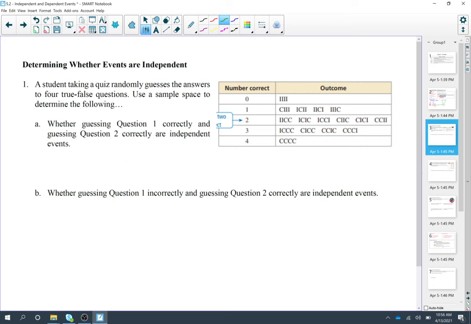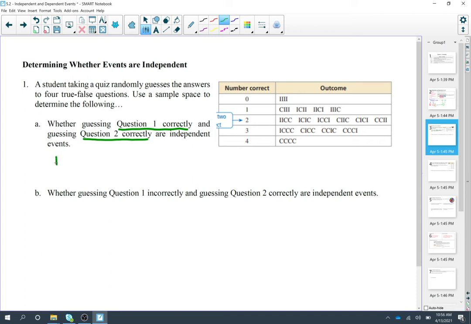We actually did this example back in section 5.1, so we've already listed the sample space. For example, if you forgot, the student could guess I, which means incorrect, incorrect, incorrect, incorrect, and then they go from there.